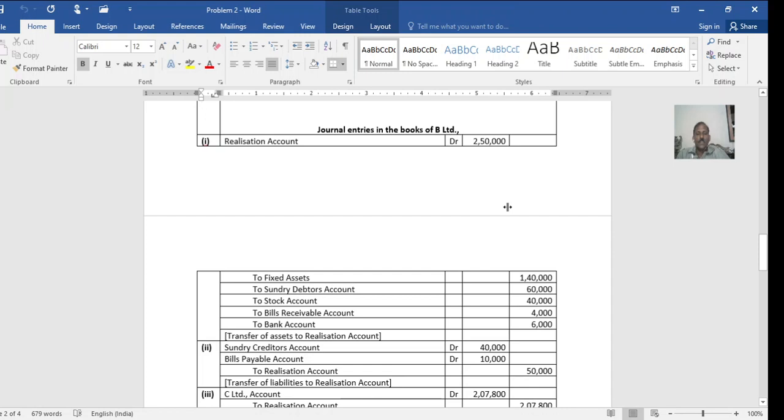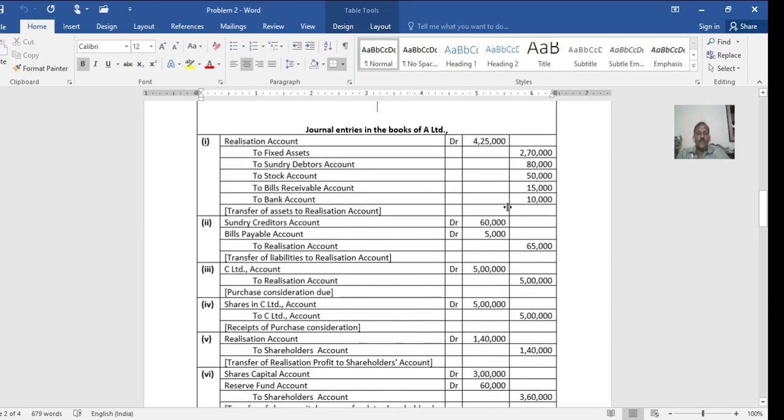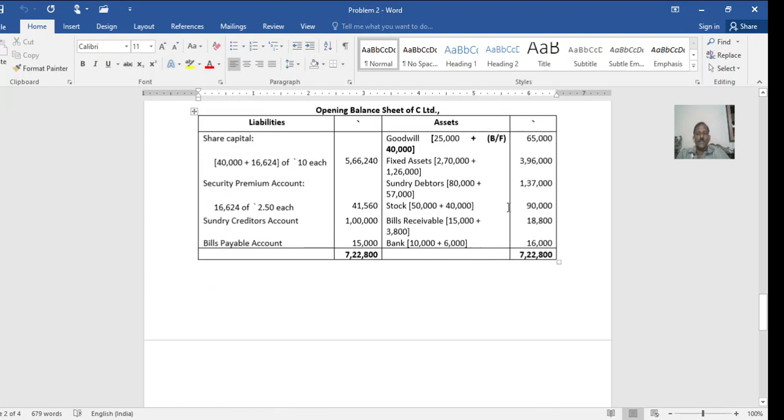See there, bills payable, second case 10,000, and first case it is 5,000. It is better if you show both the items together. Creditors also, total of A and B. Then fixed assets, first goodwill 25,000 plus. In case of B, you have to find the total, pass the third entry.